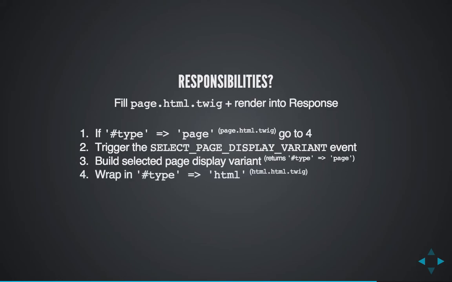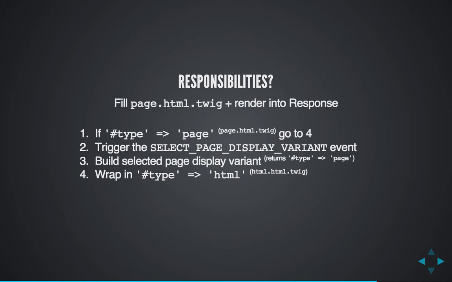And then once we reach either the end of step 1 or the end of step 3, we are guaranteed to have a type page render array, because that is the goal. We always want to have a body to fill the HTML page with, right? Otherwise an empty body doesn't make any sense. So by the end of having that type page render array, we wrap it in a type HTML render array, which means the HTML twig file. I don't remember if that existed in Drupal 7, maybe it didn't.